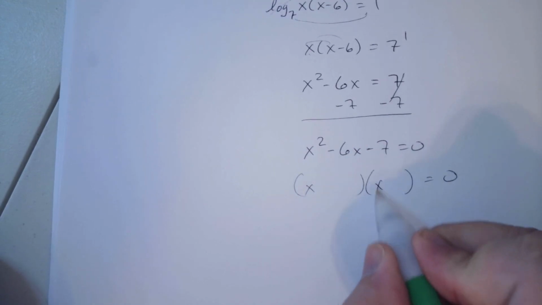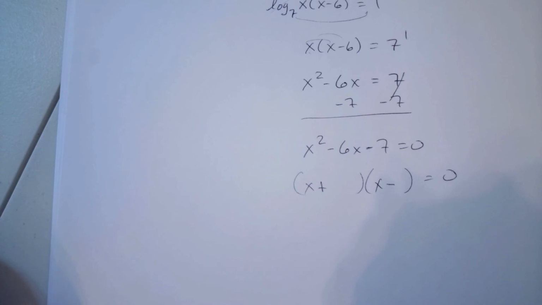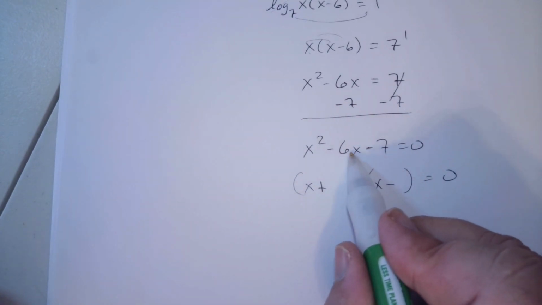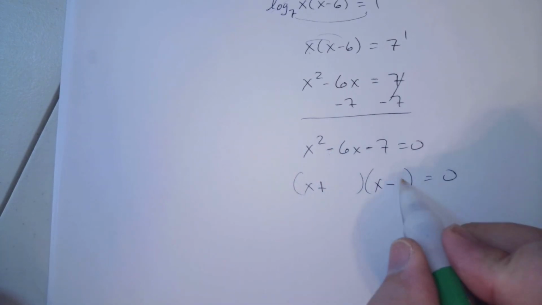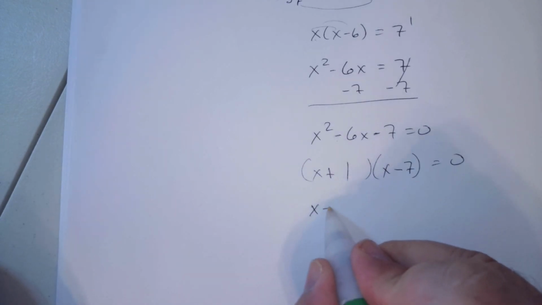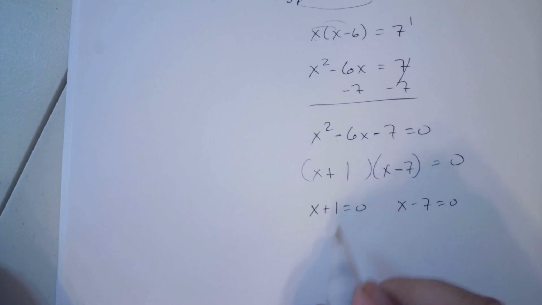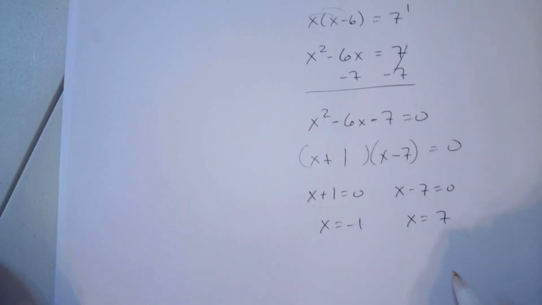Let's factor. The second sign's a minus, so they're opposite signs. What times what is 7? When you subtract them, you get 6. 7 times 1, and 7 gets the negative. Set them both equal to 0. Solve them. So x equals negative 1 and x equals 7.